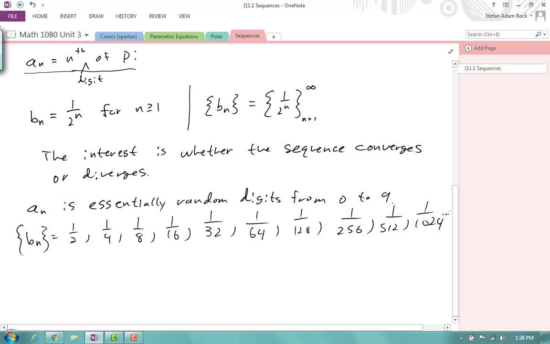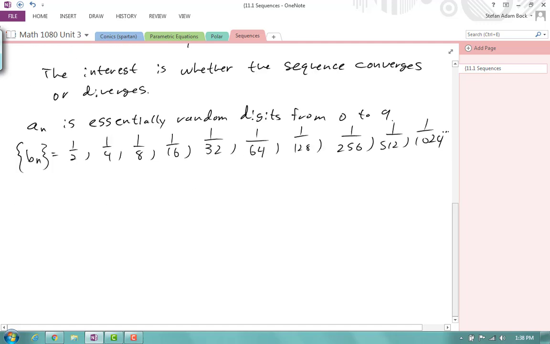So, since a sub n is kind of random, I would wager that it diverges. But b sub n has shrinking values.